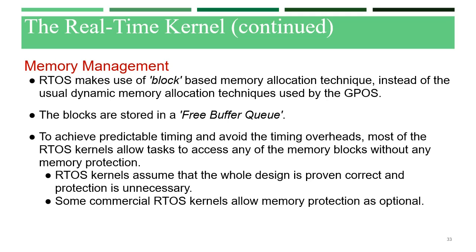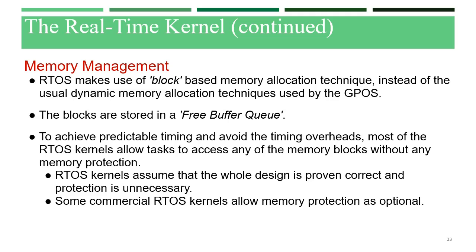To achieve predictable timing and avoid the timing overheads, most of the RTOS kernels allow tasks to access any of the memory blocks without any memory protection. RTOS kernels assume that the whole design is proven correct and protection is unnecessary.